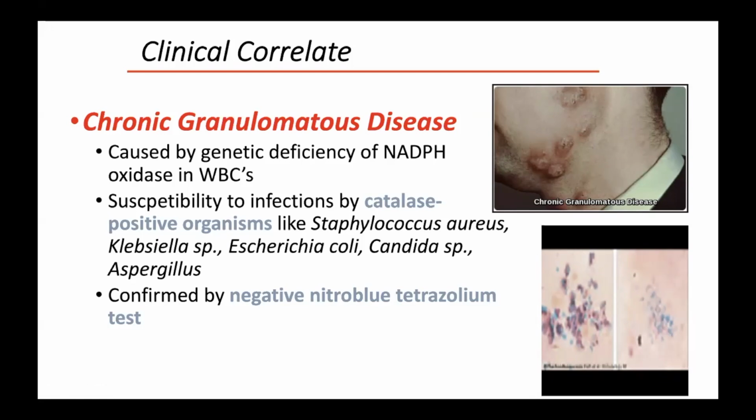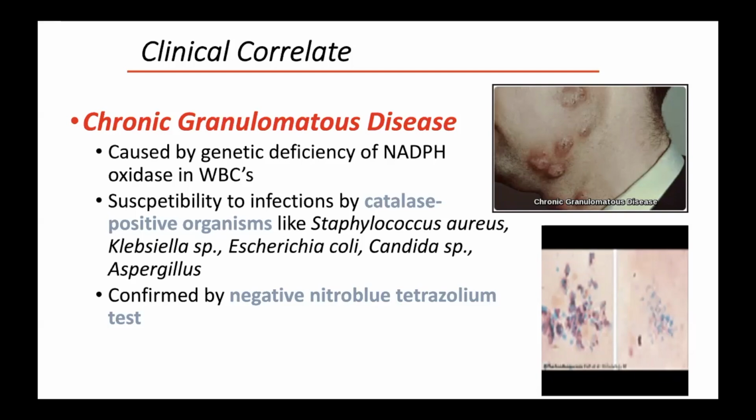Now, God forbid you tell me that CGD is caused by a prion. That is CJD, Creutzfeldt-Jakob disease. Creutzfeldt-Jakob is prion. This is CGD, G as in goat. This is caused by a genetic deficiency.